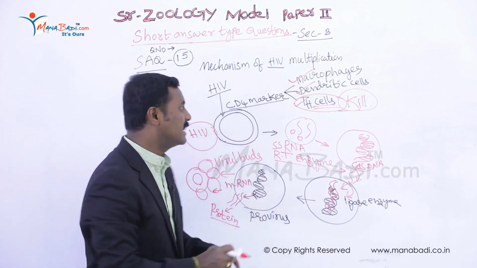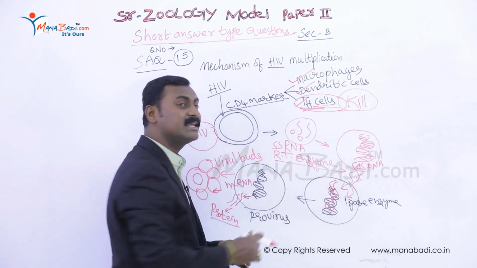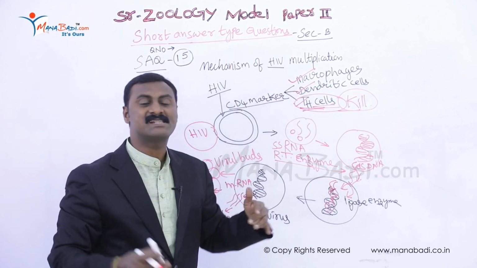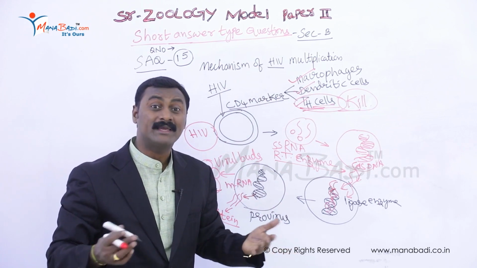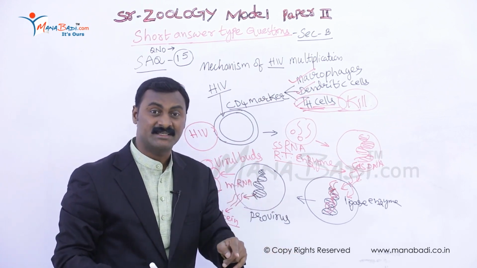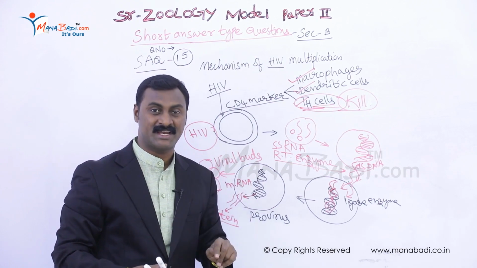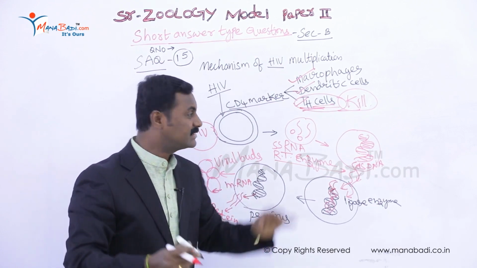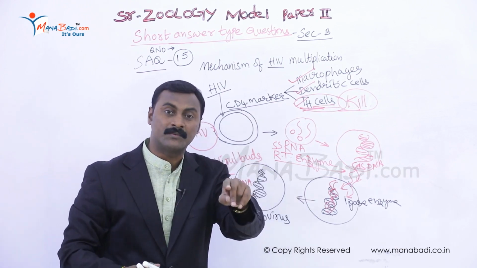Finally, the TH cell number, which is very important for the recognition of pathogens, is very low in the patient. He is called an HIV patient. After 10 to 15 years, this type of condition will continue.